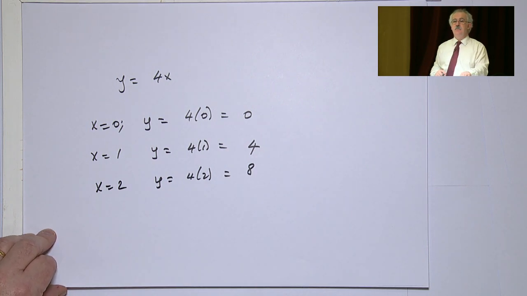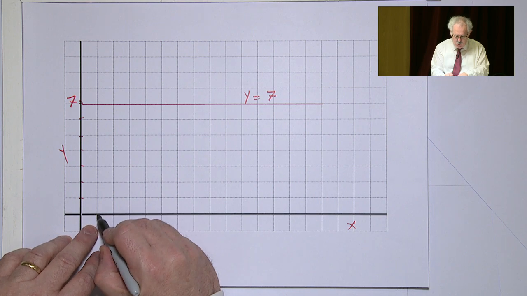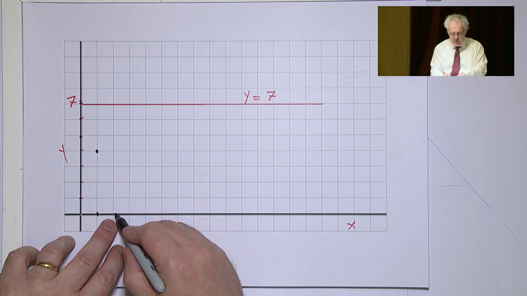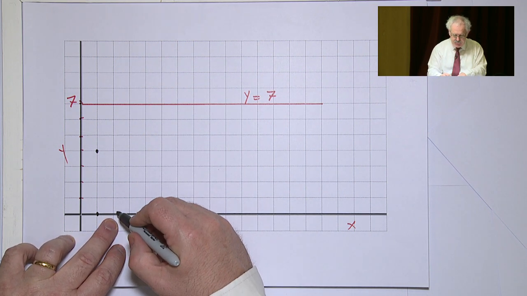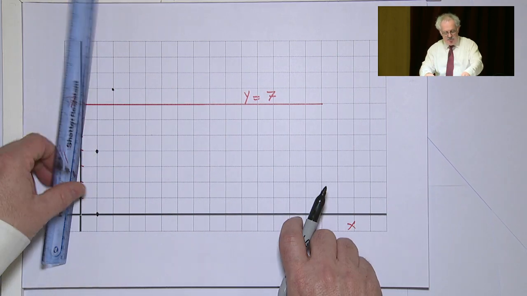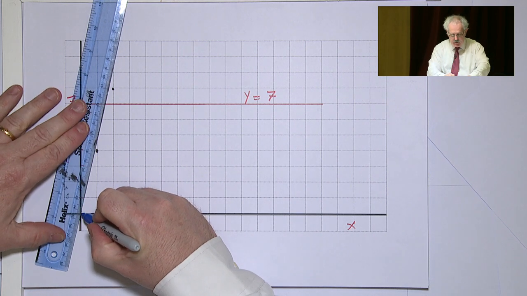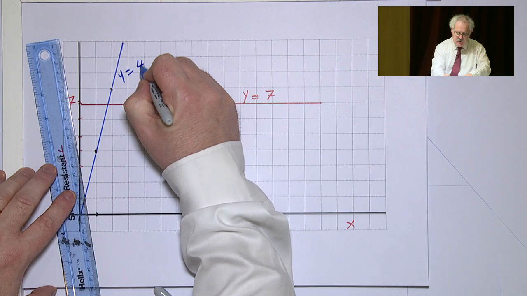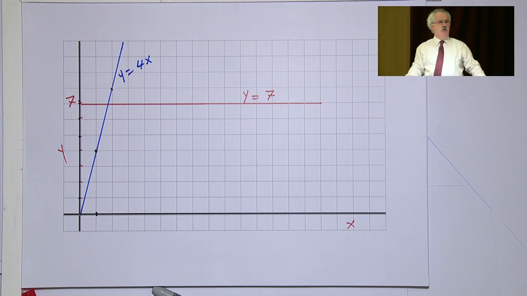So if I draw that line, I get 1, 4, it's a bit steep, 2, 8, and I get a graph like this. Y equals 4x. I won't do the quadratic and the cubic just for the moment.